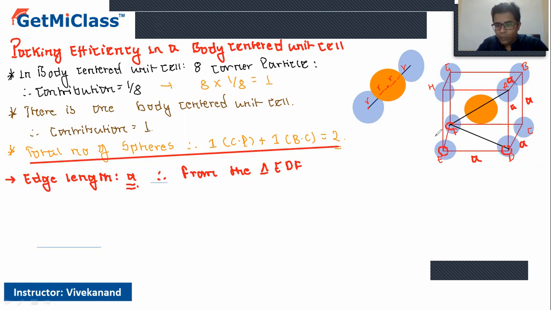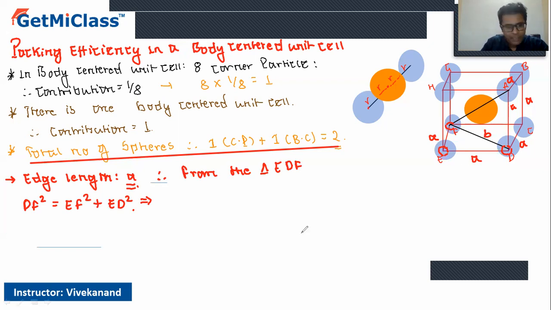So in this triangle, if I want to find out DF square, DF square is going to be EF square plus ED square. So let's consider the DF value as b.